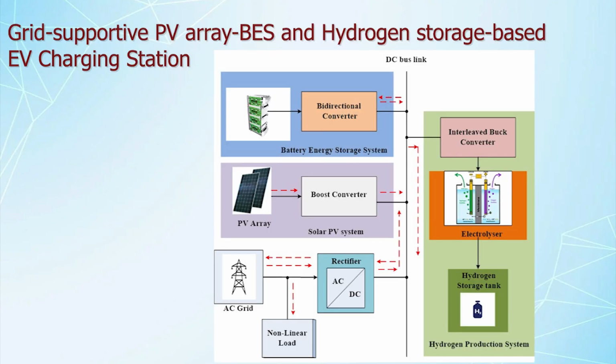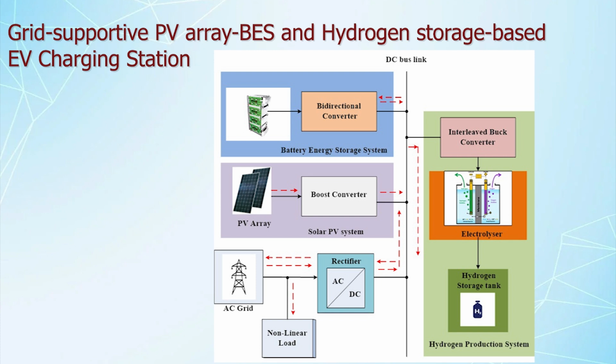If we have a hydrogen based vehicle, these vehicles can also get some hydrogen from the charging station, and the tank which is with the electric vehicle can be filled by generating this hydrogen from the PV array or energy which can be drawn from the AC grid.